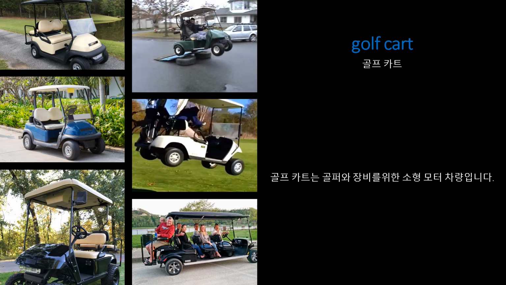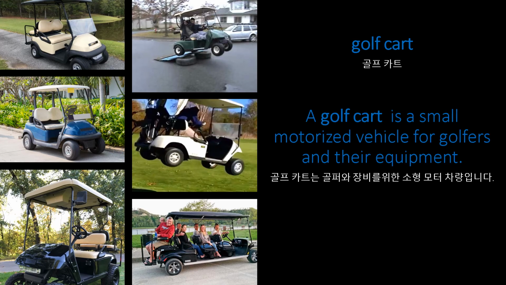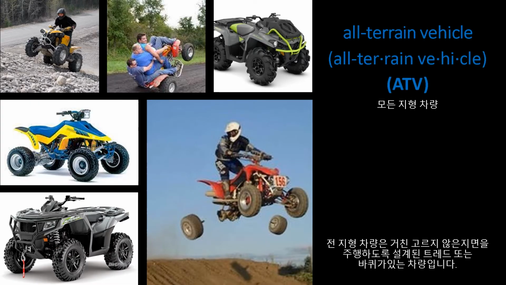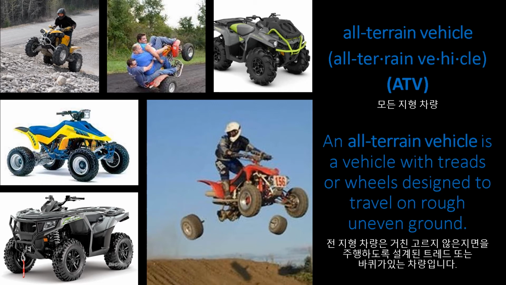A golf cart is a small motorized vehicle for golfers and their equipment. All-terrain vehicle, ATV. An all-terrain vehicle is a vehicle with treads or wheels designed to travel on rough, uneven ground.